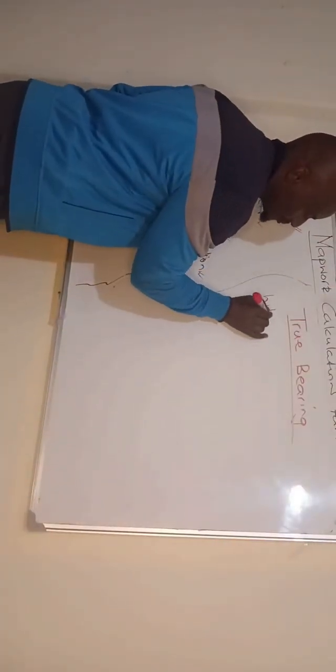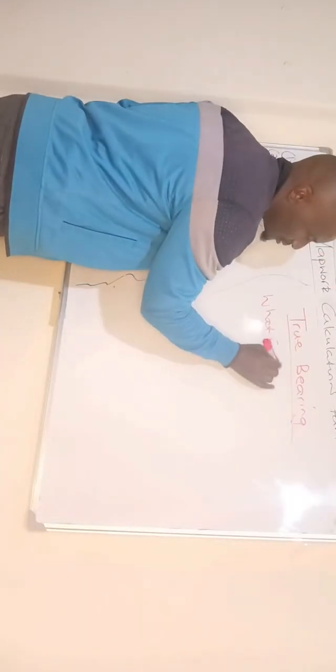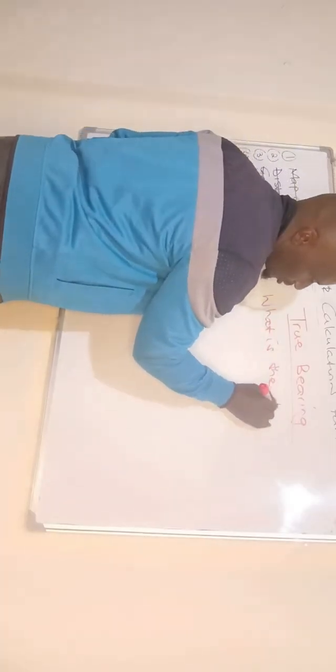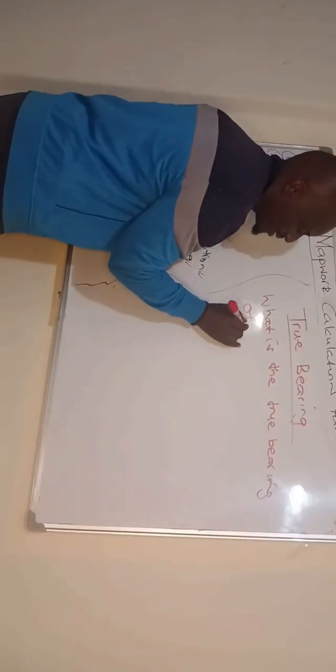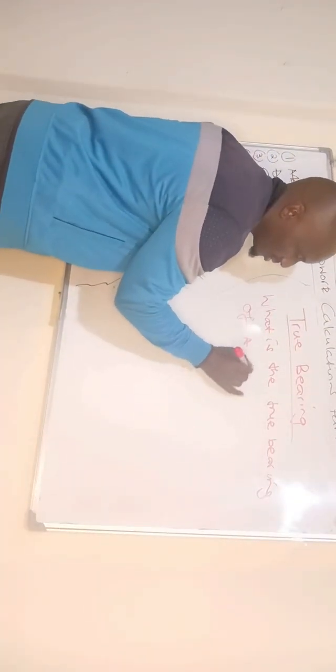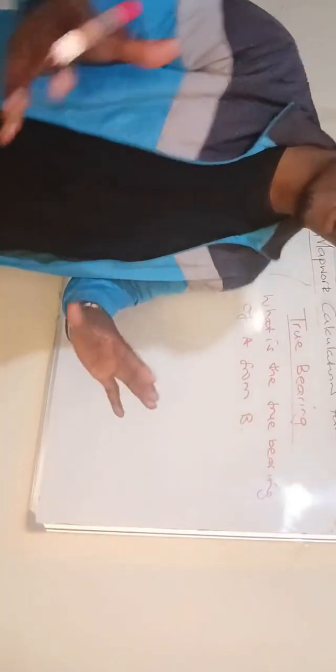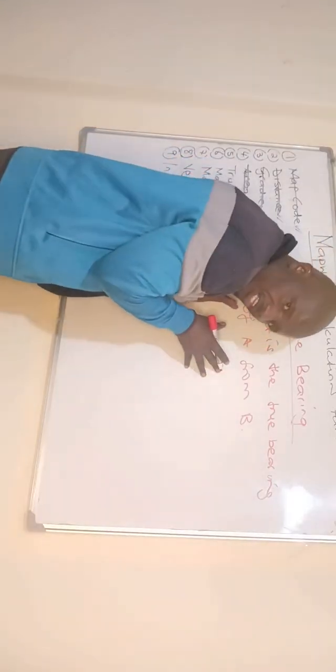What is the true bearing of A from B? That's what I'm going to do. I'm going to explain using this. Then we can get an example from the map. So I want you to pay attention now. I've got everything that I need here. I've got this. That is your protractor.